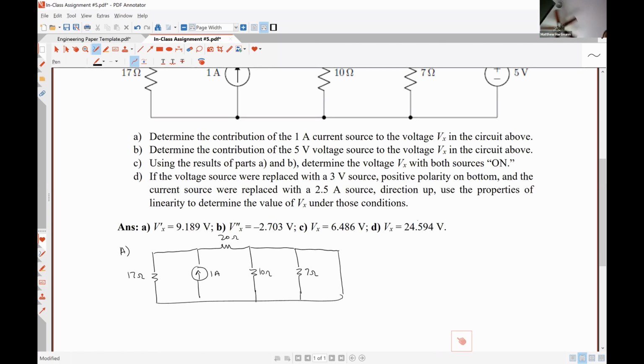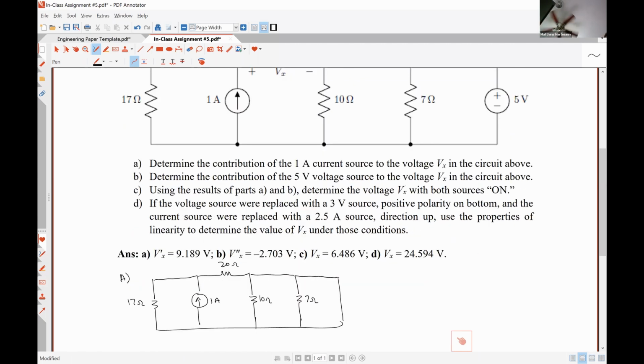And Vx is defined as the voltage drop over the 20 ohm resistor, so this will be Vx single prime.